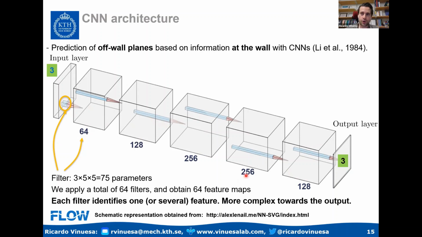This also shows the first layers are identifying features which are smaller and more abstract in our data. And due to the concatenated application of convolutions, I can build progressively towards more complex and larger features in the flow. Those are the interesting properties that we can observe when we do the concatenated application of convolutions.